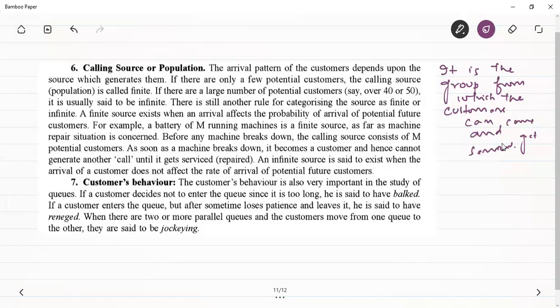Okay, but for a machine breakdown in a particular production unit, the repair section, उसको पता है कि इस यूनिट की मशीन्स अगर ब्रेक डाउन होगी तो वो मेरे पास रिपेयर के लिए आएंगे. लेकिन उसको पता है कि द कॉलिंग पॉपुलेशन और द कॉलिंग सोर्स इज लिमिटेड और रिस्ट्रिक्टेड.